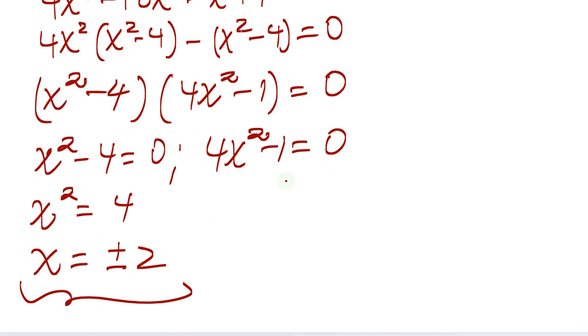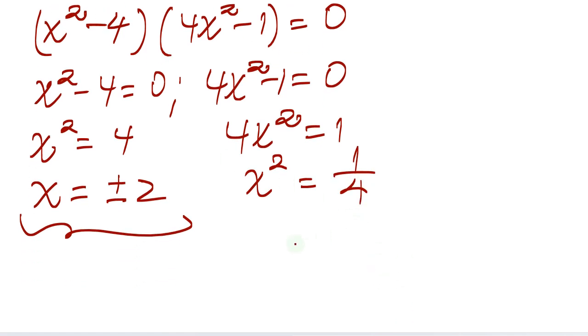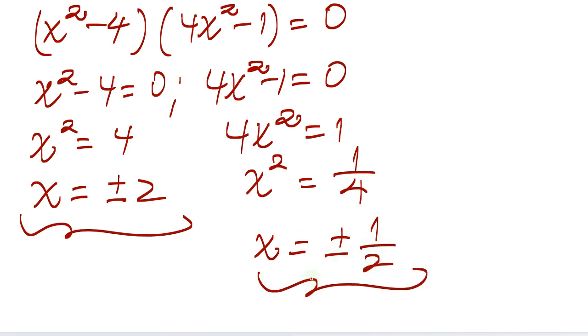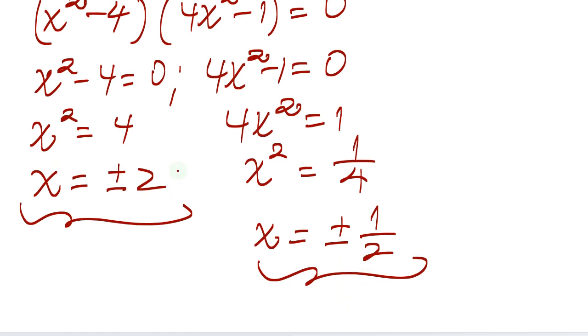Let's solve the second one here, which is 4x to the power of 2 equals 1. So x squared equals 1 over 4, and from here x equals plus or minus 1 over 2. These are the third and the fourth solutions, the real solutions for our problem.